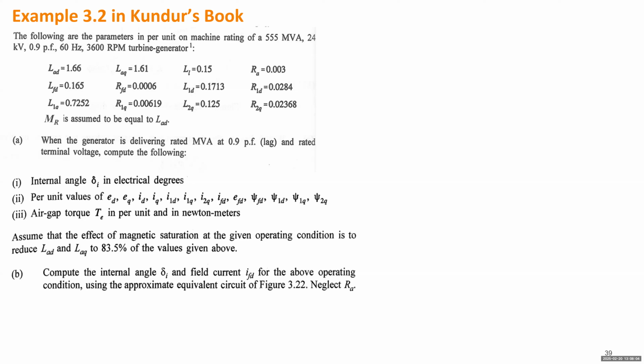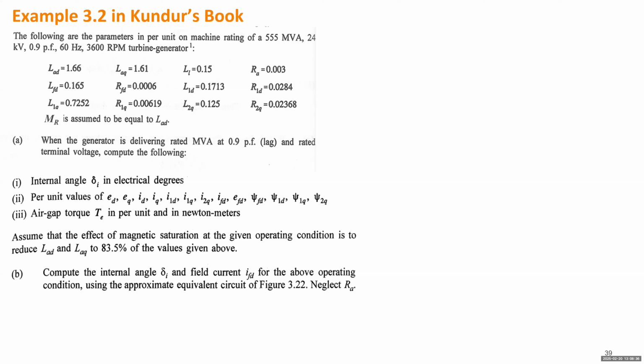Okay, so in this example, you need to calculate the following things. First, you want to calculate the internal angle. The internal angle delta I is not the rotor angle. It's the angle of the q-axis relative to the terminal. In the phasor diagram, if you draw the terminal voltage at the terminal of the generator connected to the external system, the q-axis will be leading the terminal voltage by this angle.